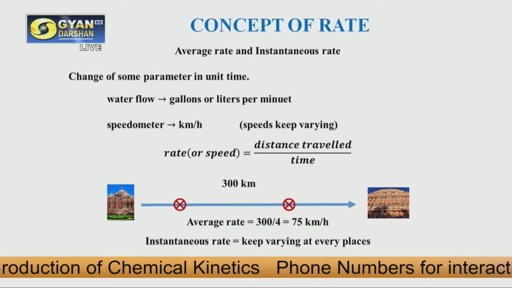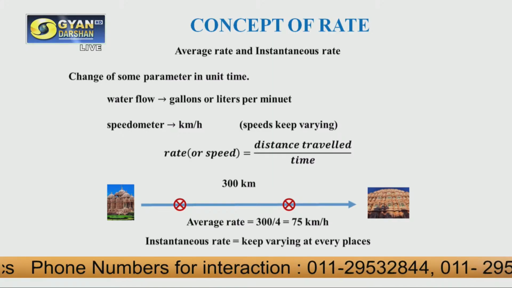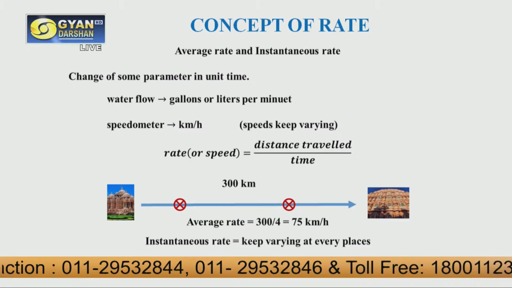It means someone monitors the time when he or she started and the time when they ended their journey. Now we want to calculate the instantaneous rate. What is the instantaneous rate? We are going from place A to place B, and at any place, like here in the slide you can see we have put 2 red marks. Suppose mark 1 is at Rewari. I want to check our speed at Rewari.